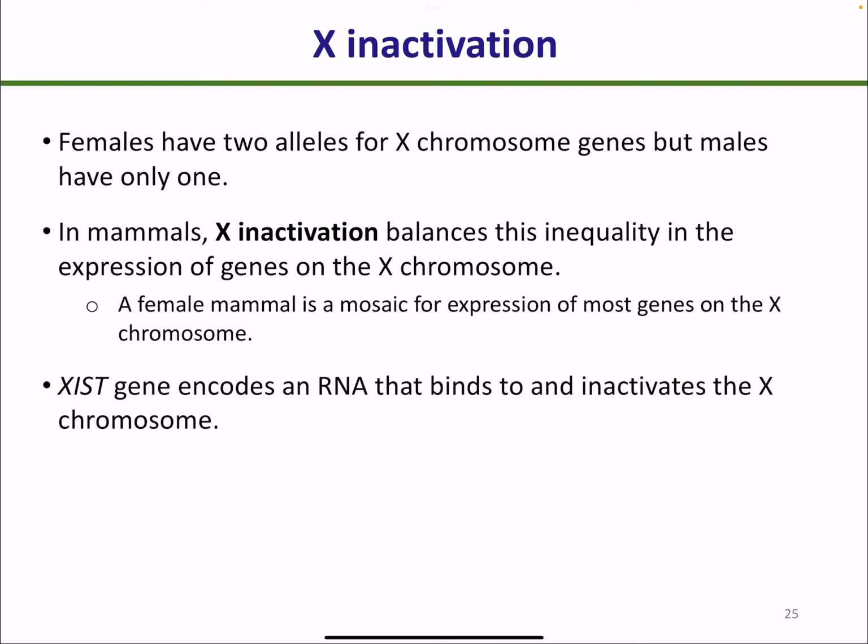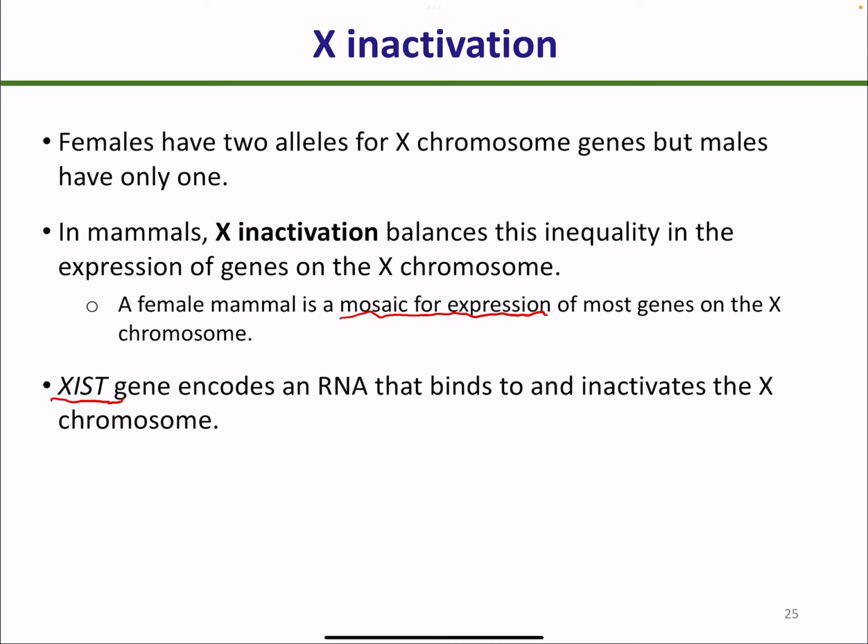And because of that, heterozygous females are going to have what we call mosaic expression. Okay? A female who is heterozygous is going to have a mosaic expression. In other words, we are going to see two phenotypes in the same individual, right? There is a particular gene that is called XIST. That XIST gene encodes an RNA.